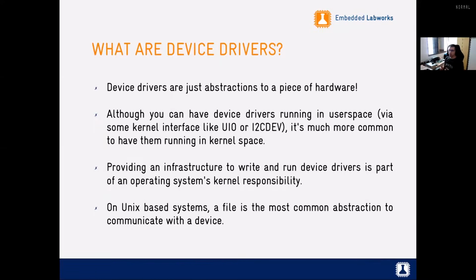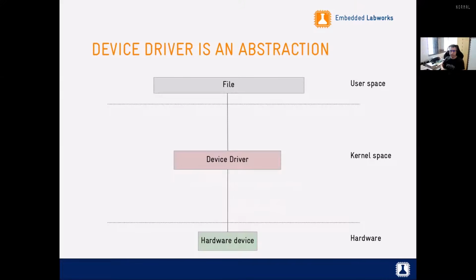And when we talk about abstraction on Linux, the main abstraction for almost everything is files, right? So here we're, of course, going to work with files. Files from the user space perspective are our main abstraction to talk to the hardware.